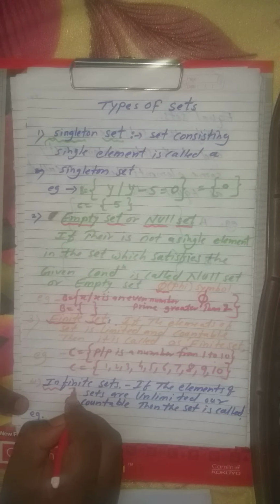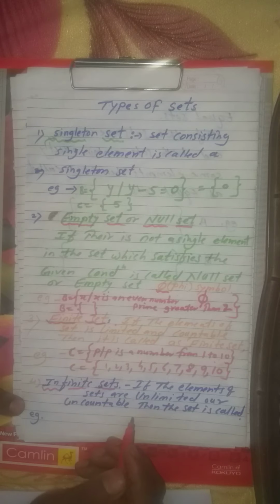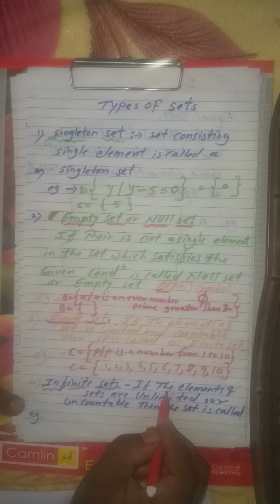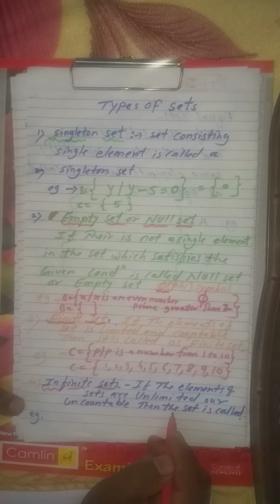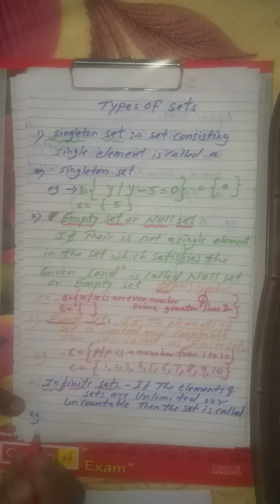Another type is the opposite of it, the infinite set. The definition of an infinite set is: if the elements of the set are unlimited or uncountable, then the set is called an infinite set. Finite and infinite are opposite to each other.